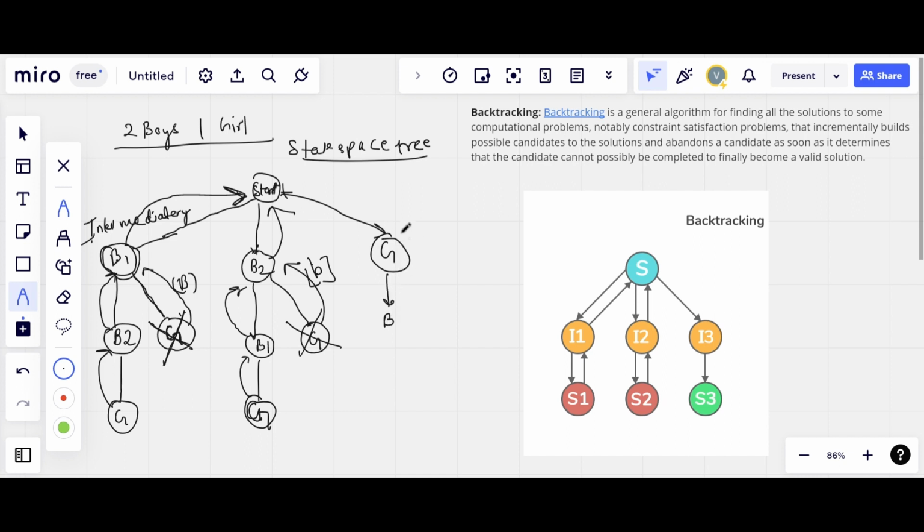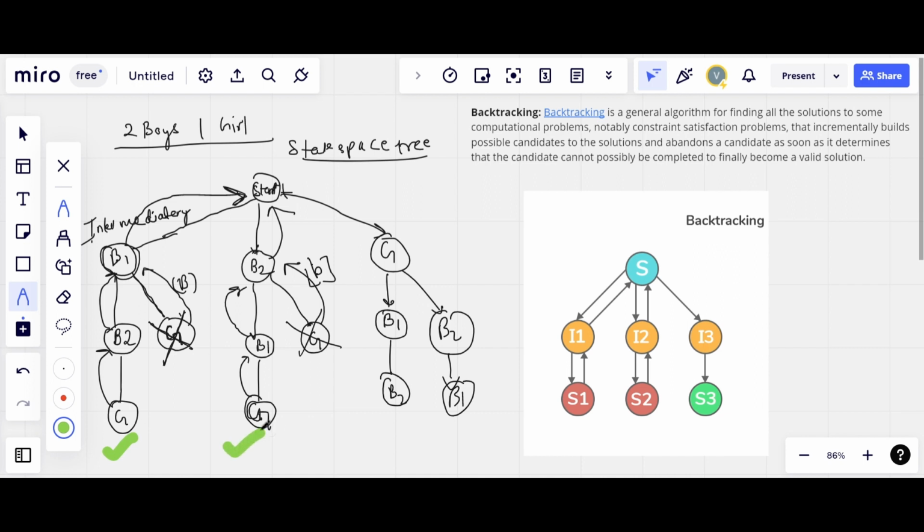If the girl sits first, we know it will lead to a possible solution, because the girl is not in the middle. So it doesn't matter whether boy 1 sits first or boy 2 sits first; these two will also lead to possible solutions. So what are our valid possible solutions? 1, 2, 3, 4.